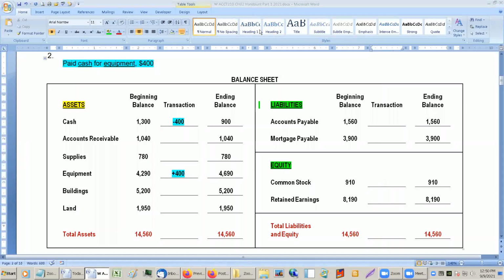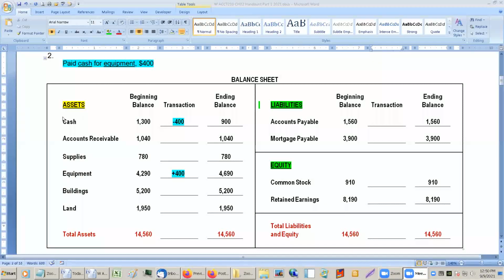And one of the things too, as you go through here, you notice the way we're doing it now is a little bit inefficient, in that we have all these accounts that we don't do anything with. If you look at this last one we just did, the only two accounts that we actually did anything with are cash and equipment.